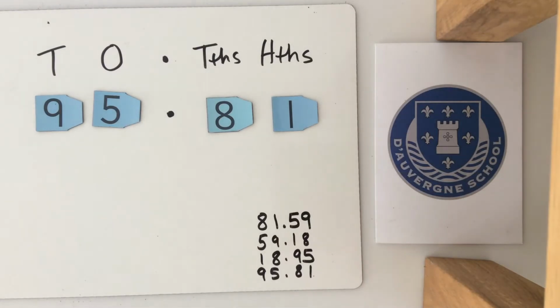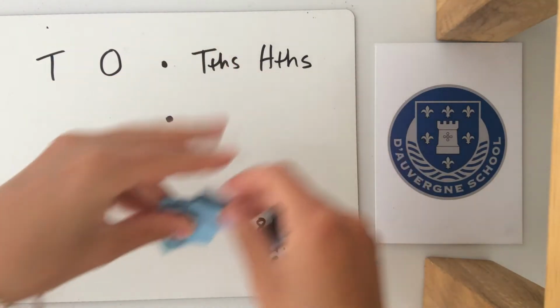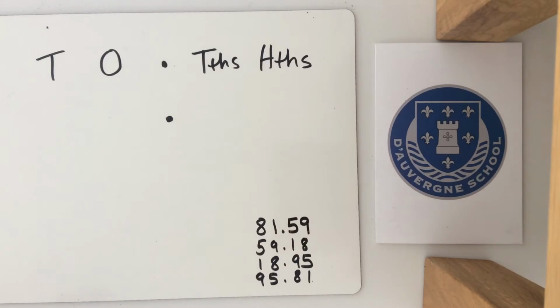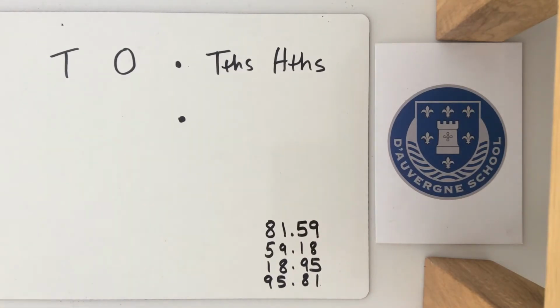Okay, now our task is to order our numbers from smallest to greatest. Okay, so I can get rid of my digit cards now. How am I going to order them from smallest to greatest? Well, there's one thing we can do. We can put each of our numbers onto our place value grid.